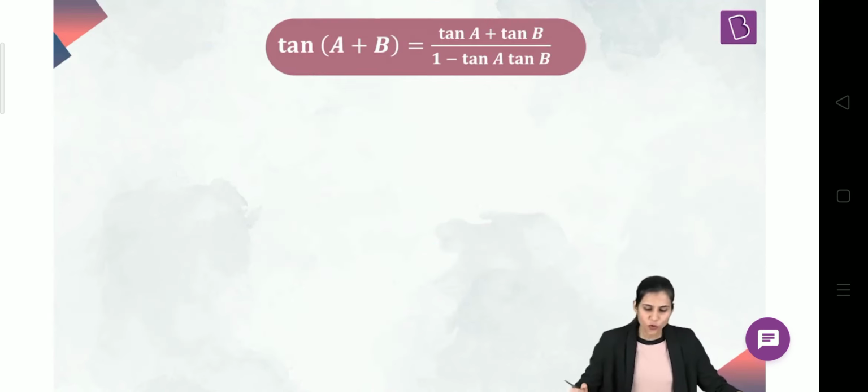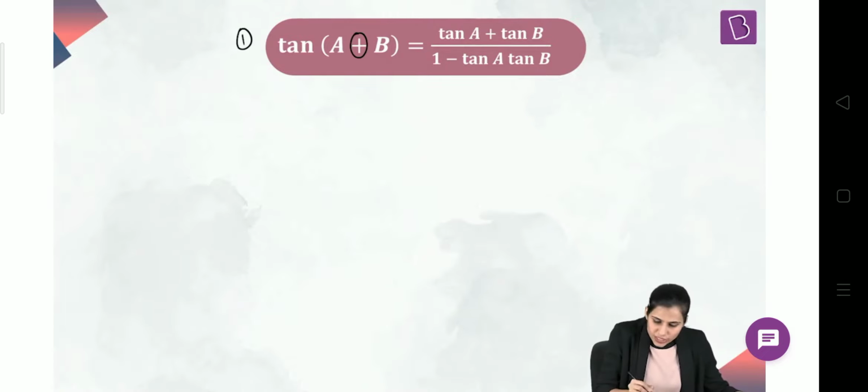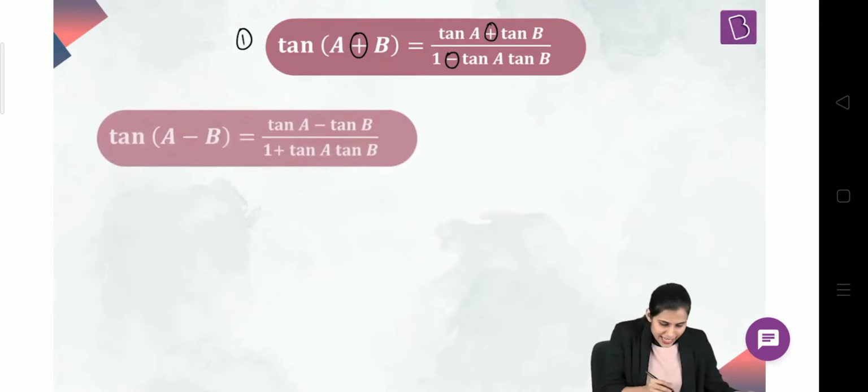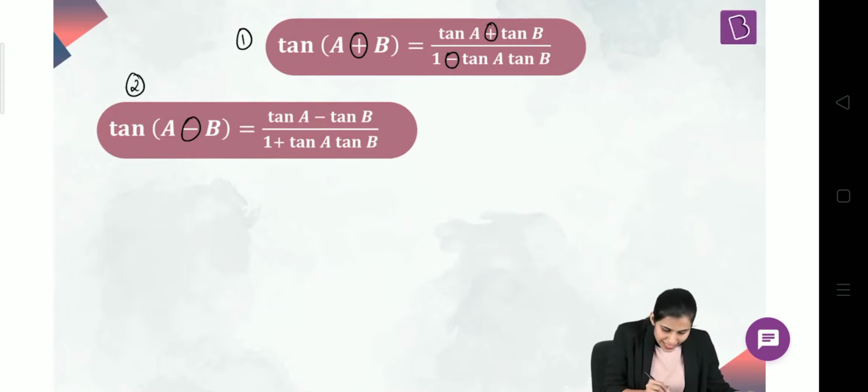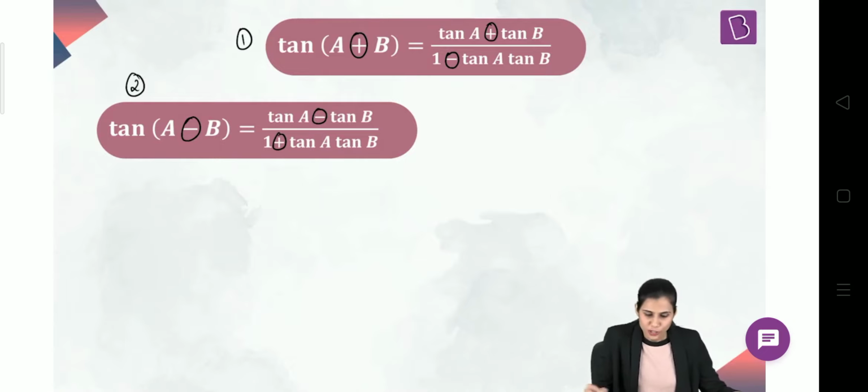Got it? So 4 more formulas we've learned. First is tan of the compound angle A plus B, which is tan A plus tan B upon 1 minus tan A tan B. Second is tan ratio of the compound angle A minus B, which is tan A minus tan B whole upon 1 plus tan A tan B. So if there's plus on the left hand side, there's plus in the numerator and opposite minus in the denominator.